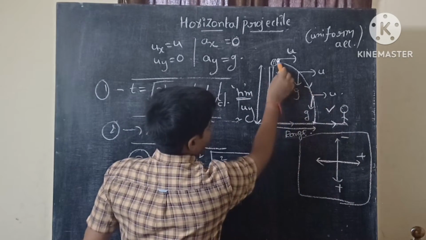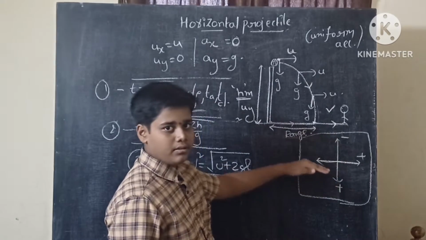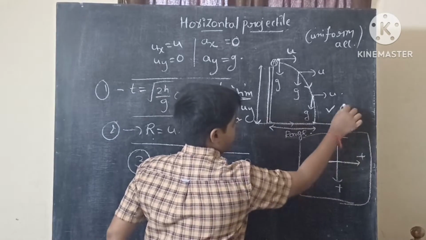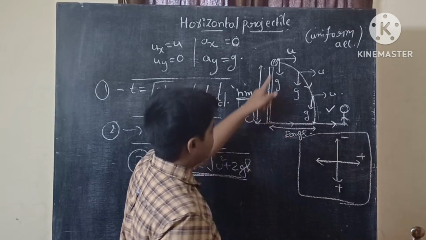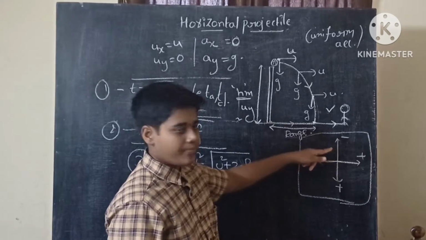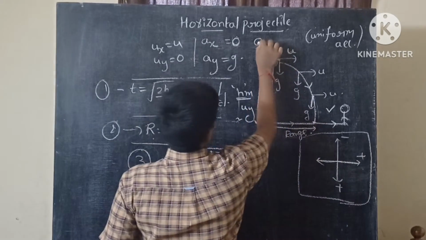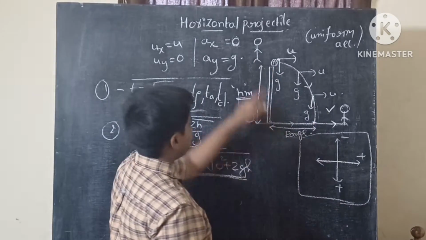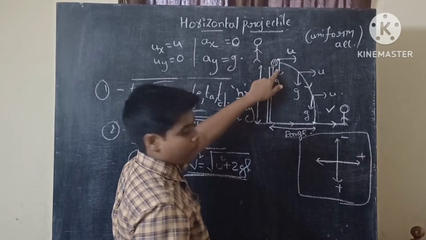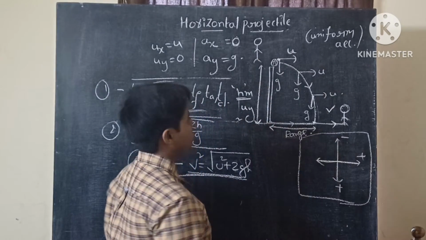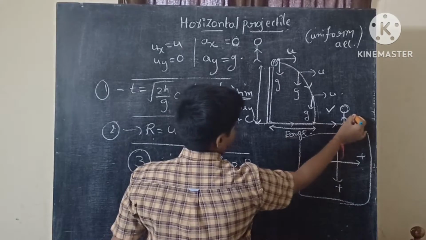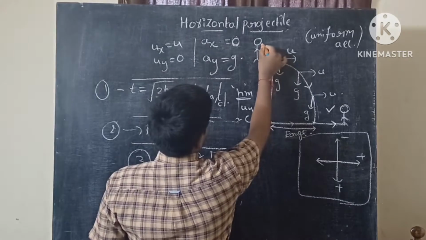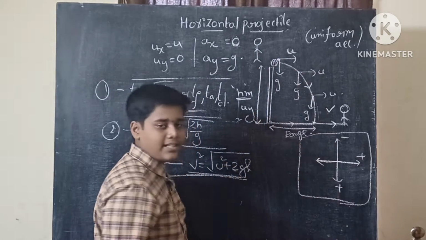He observes this ball as a straight path. It travels like a horizontal line. But for an observer in the air, it travels like this. Very important point: with respect to the ground person, this travels horizontally, and with respect to the person in the air, it travels in a straight line.